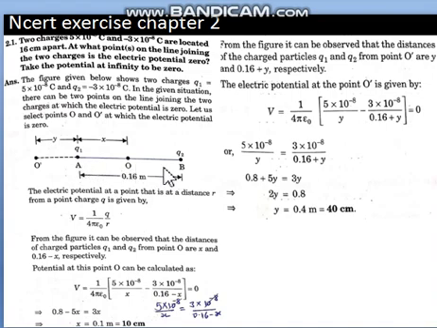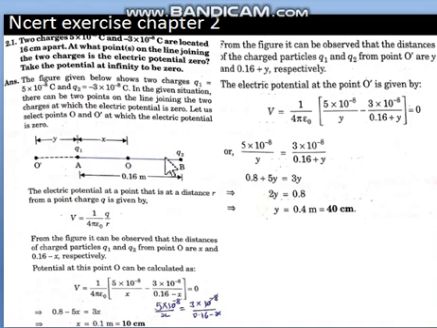So we need to take some point somewhere on the line joining. It may also happen that the point is to be taken in between the charges or on the line joining outside the charges. It is not written in the question that it is in between the charges, so we will find both the points.